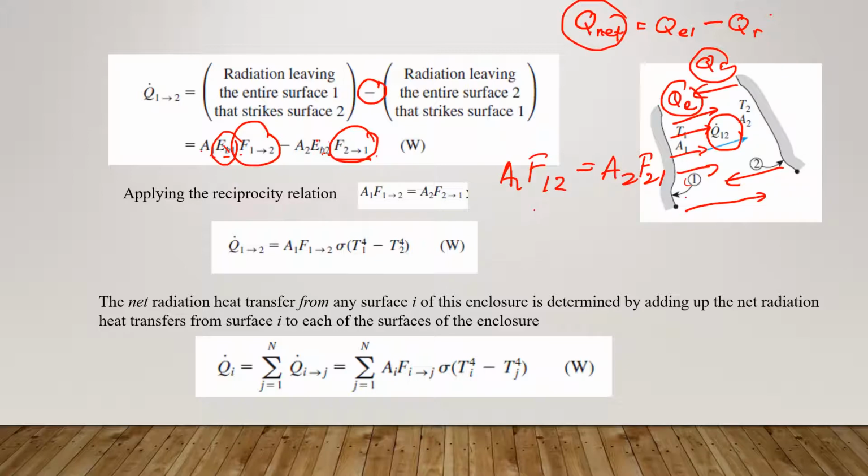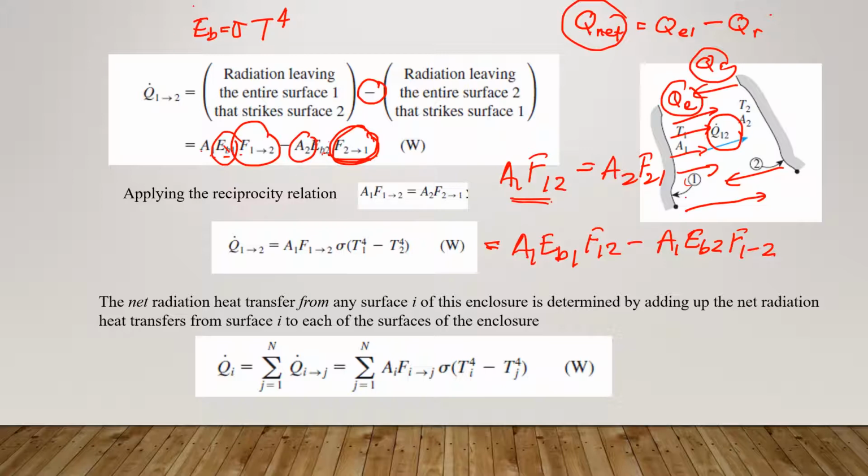So we can substitute A2 F2 to 1 with A1 F1 to 2. If we substitute, it becomes A1 EB1 F1 to 2 minus A1 EB2 F1 to 2. The equation for EB is Stefan-Boltzmann constant times temperature to the power of 4.